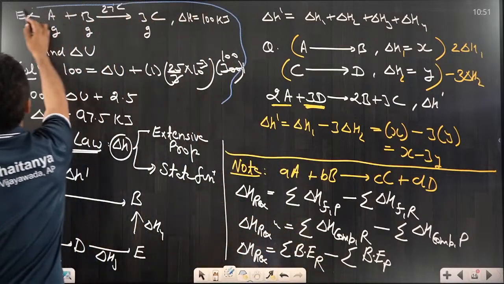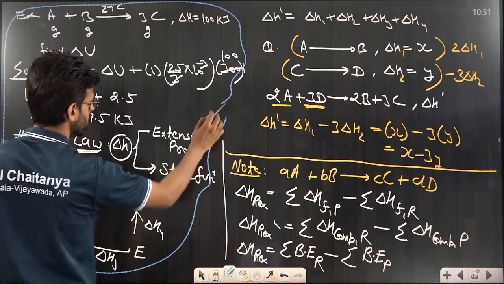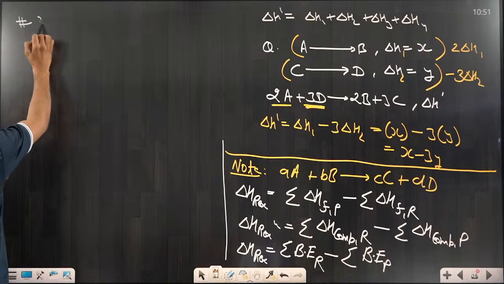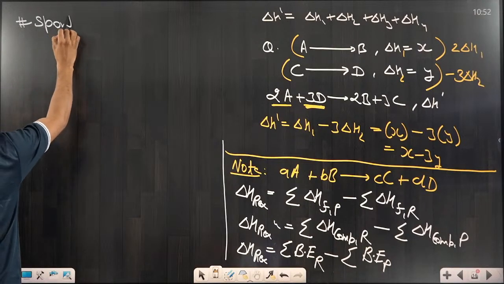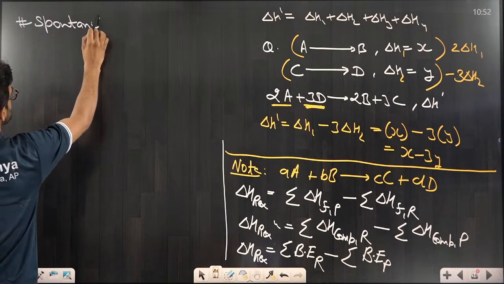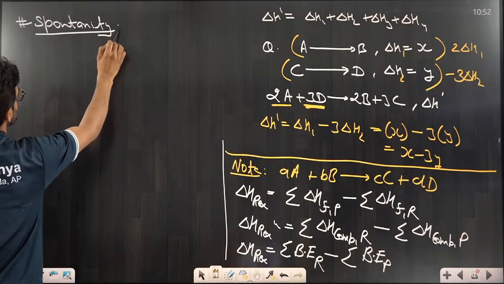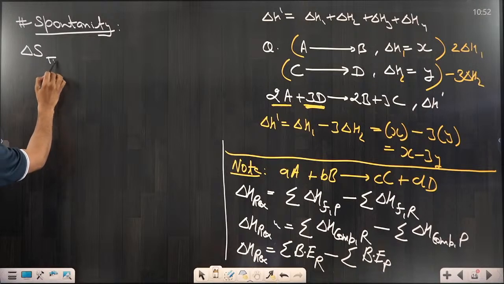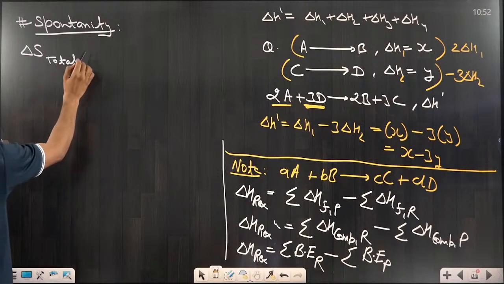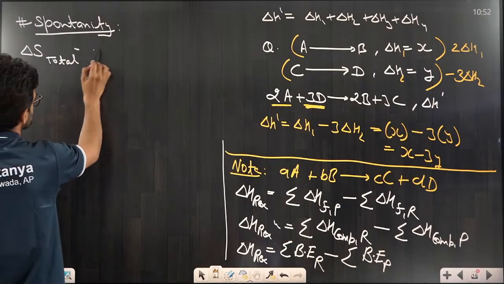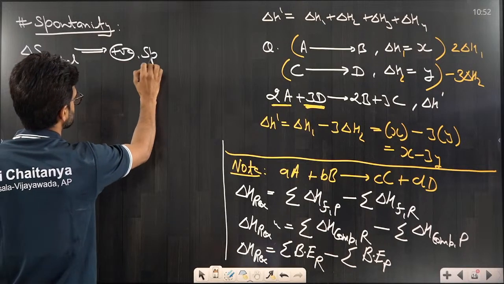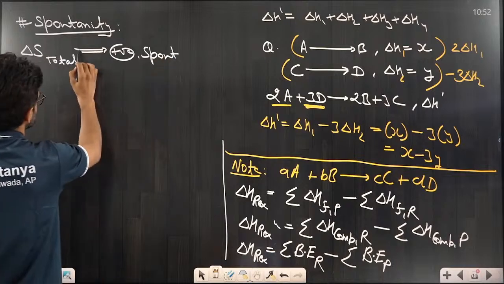Okay, this is it. Now a small thing I will say about spontaneity: how you can predict spontaneity properly. First of all, delta S total can predict spontaneity without exception. Delta S positive, spontaneous, no doubt.